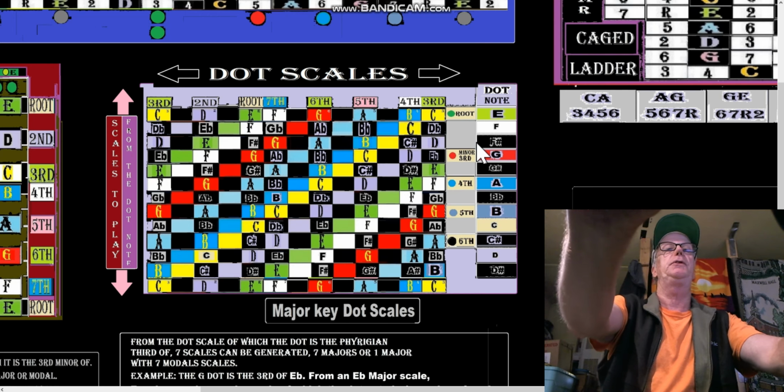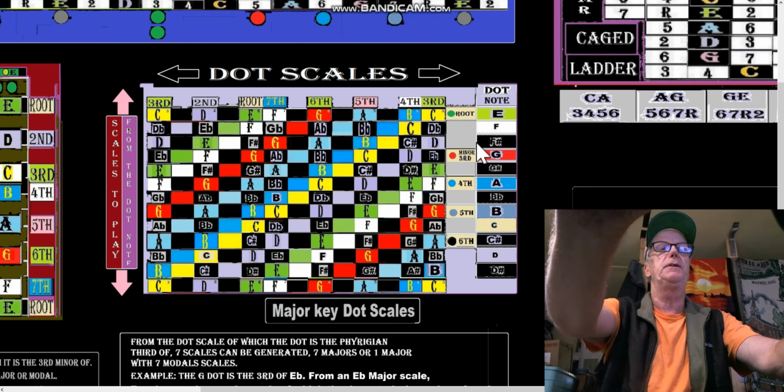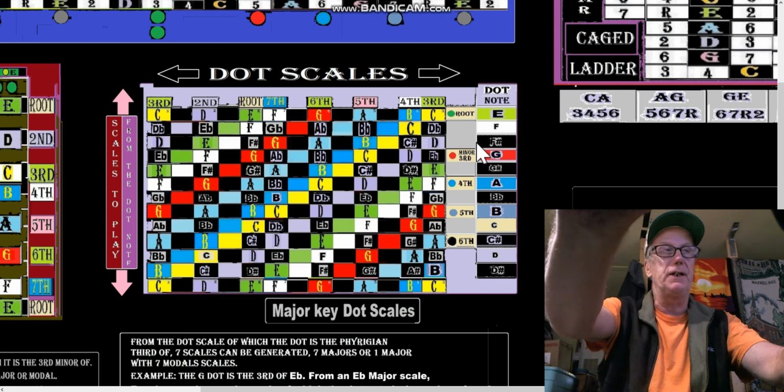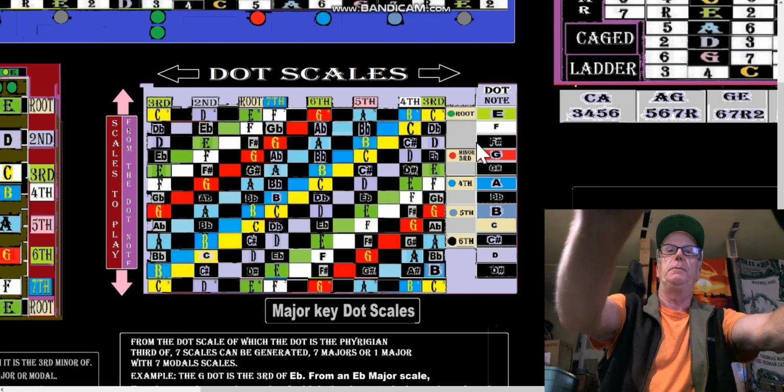In other words, if you wanted to play the fifth of the Ionian or the fourth of the Dorian, they'd be the same scale. The third of the Phrygian scale is the same scale as the second of the Dorian scale, is the same scale as the fifth, the Mixolydian.